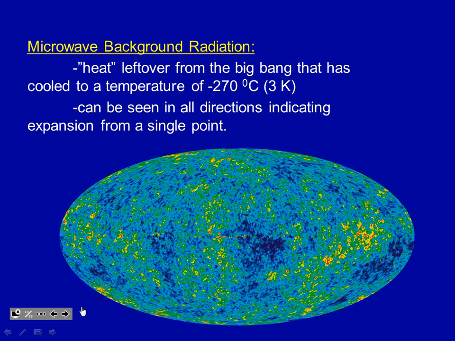We believe it to be the heat that's left over from that big explosion. That's one of the reasons we think that it exists, because we see these little dark and light spots in the temperature of empty space where we believe that there were some hot spots after the Big Bang. That's called microwave background radiation.